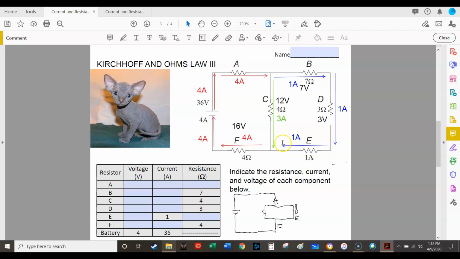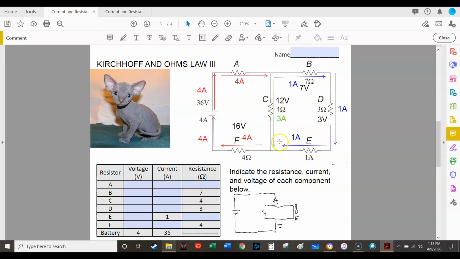Okay. Well, from what we could see when we redrew it, C is down here. And as you can see, whenever you have a junction and the current splits, that means whatever is getting one current is in parallel with whatever is getting the other current. That means C is in parallel with B, D, and E. And B, D, and E are in series with each other, right? That's why they get the same current.